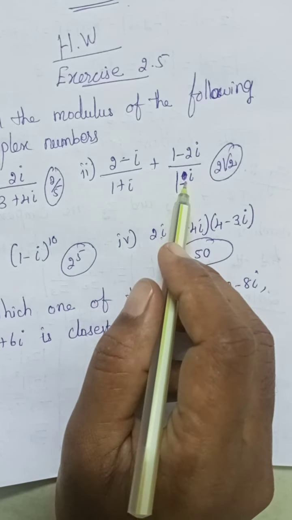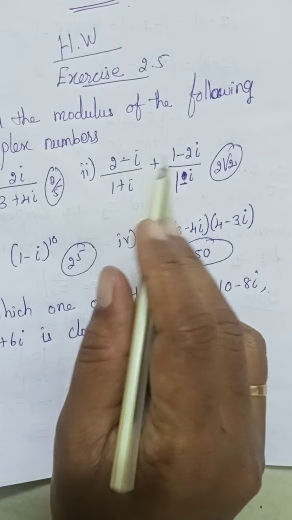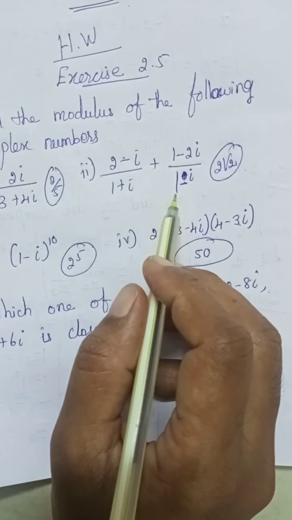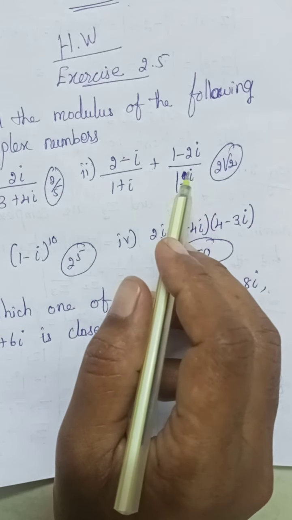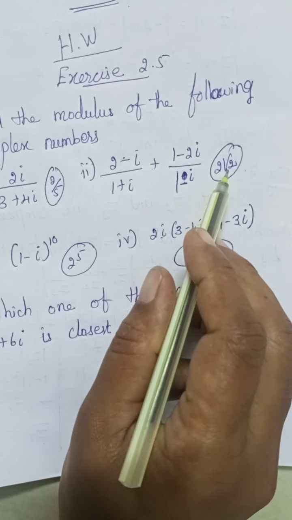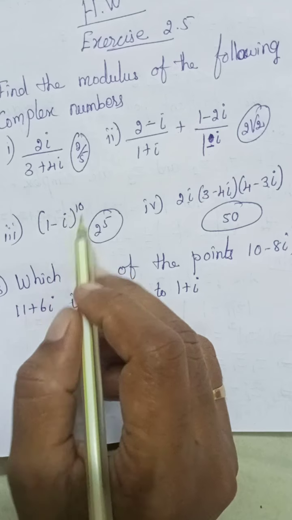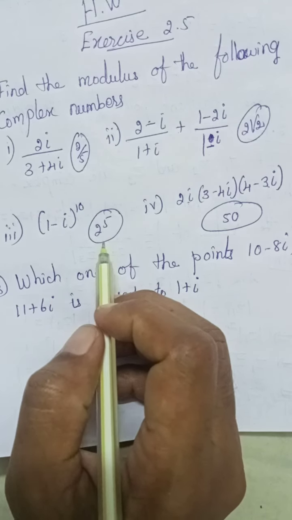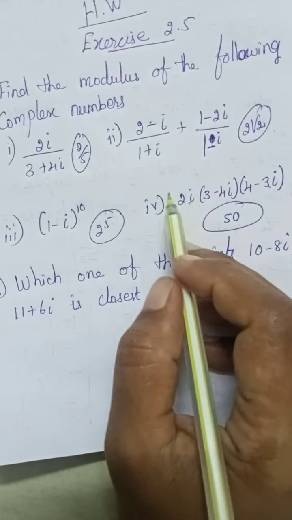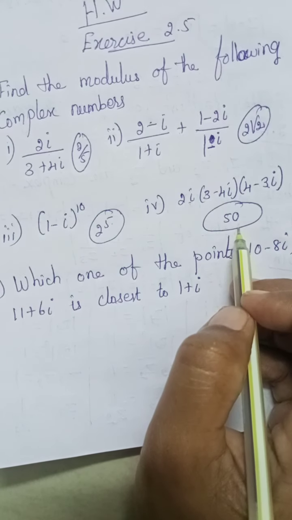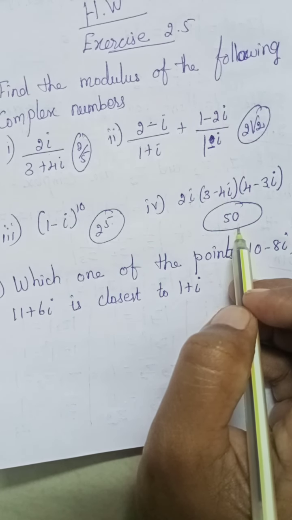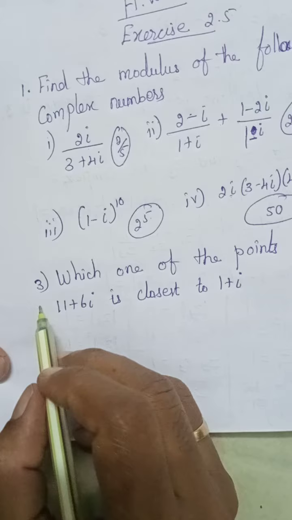Take LCM, and after that simplify and then find out the modulus. The answer is 2 root 2. Here we know this, modulus the whole power 10, so the answer is 2 power 5. This you can separate, find out the modulus. The answer is 50.